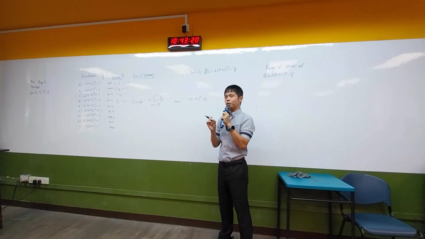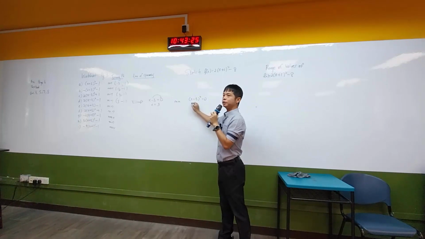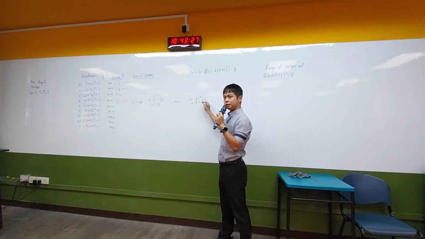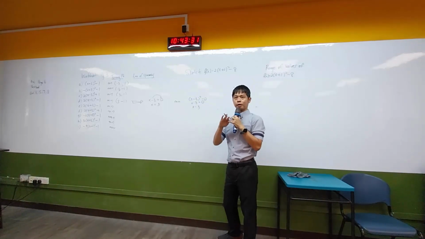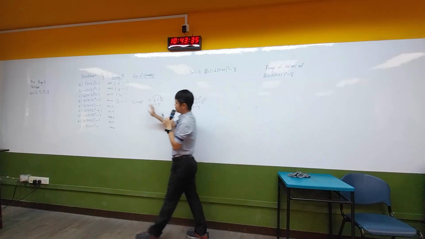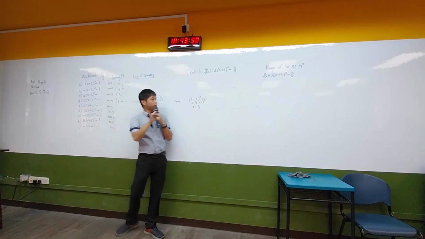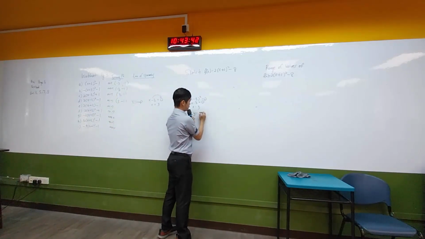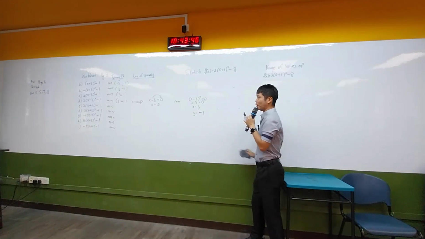That's the smallest you can go. So when this is 0, x - 3 must be 0, and therefore x is 3. So for the minimum, x must be 3, and when x is 3, y will be -1. So this is why we have a minimum point, x is 3, y equals -1.